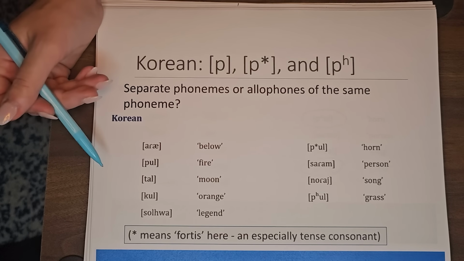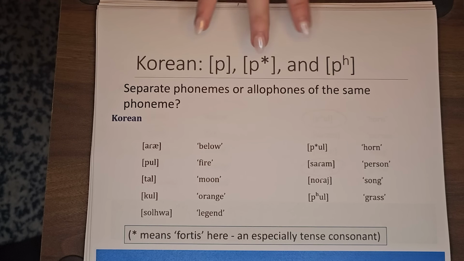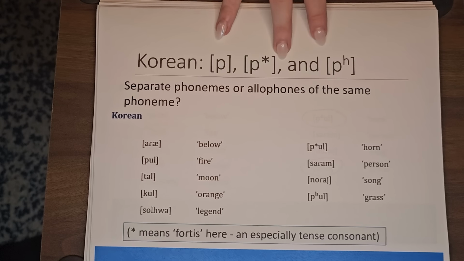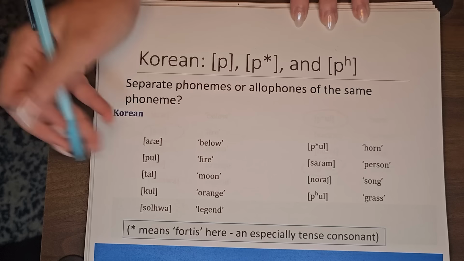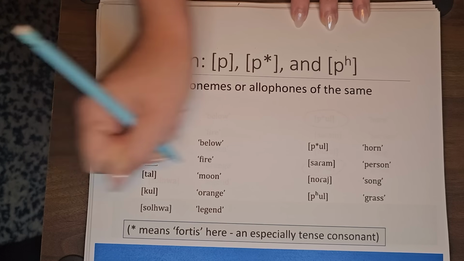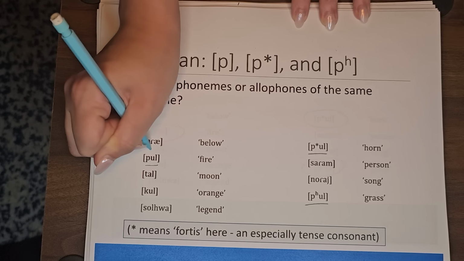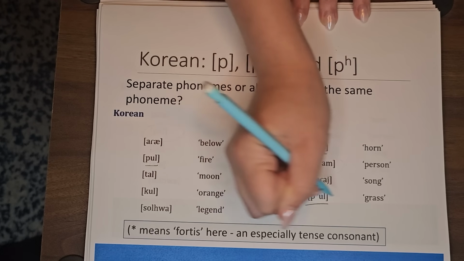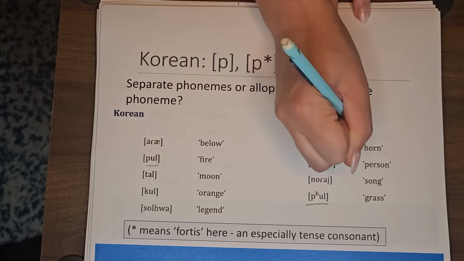An example of phonemes that exist in another language but not in English is the three-way distinction of sounds in Korean. These are separate phonemes, so we do have a minimal triplet. Bur means fire, pur means grass, and bur means horn.